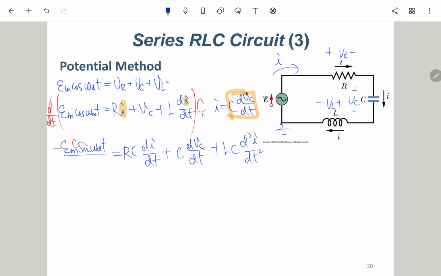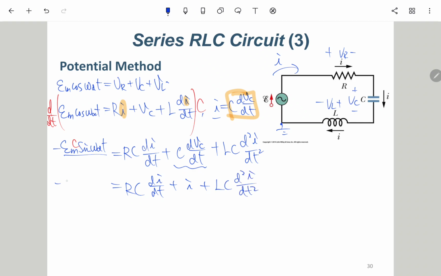Okay, so this one will become I. So it turns out to be RC di dt plus I plus LC d2I dt2.